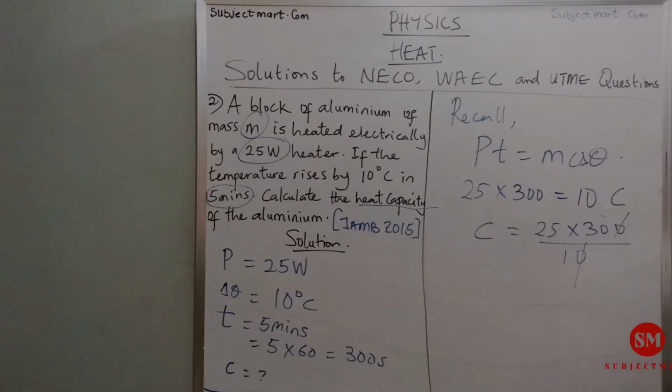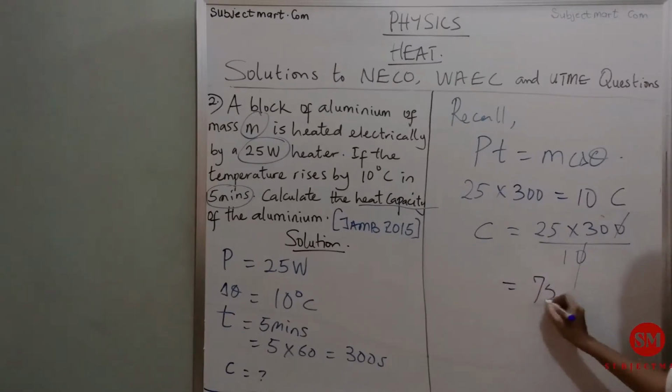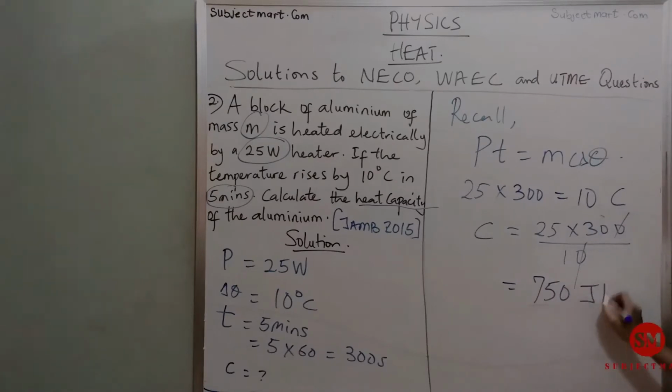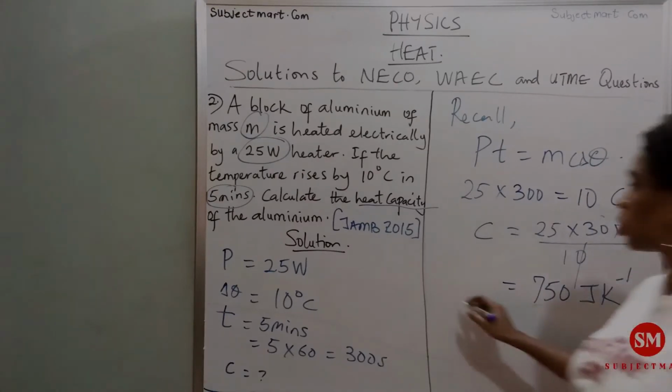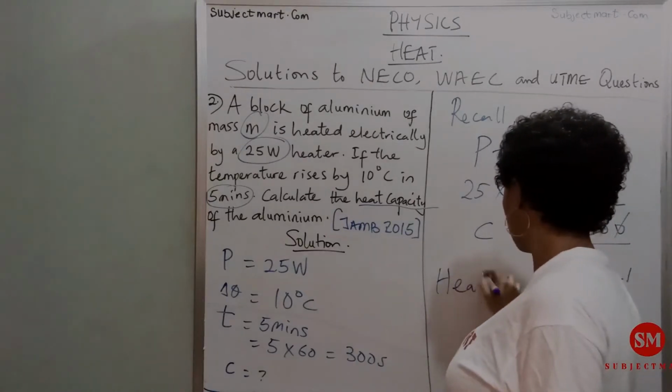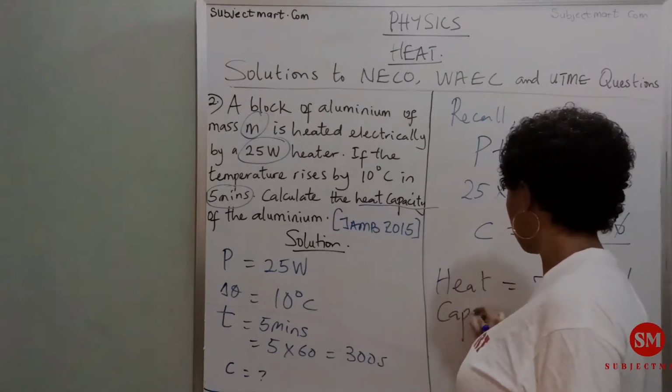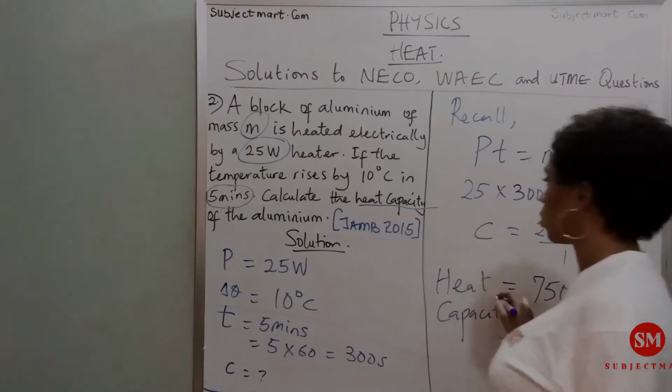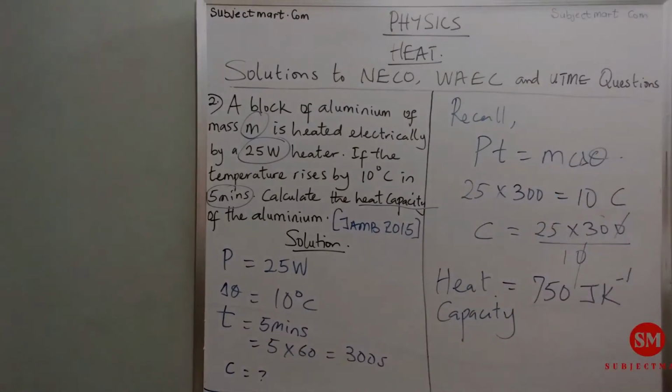This cancels this. So now I have 750 joules per Kelvin. So the heat capacity of the aluminium is equal to 750 joules per Kelvin.